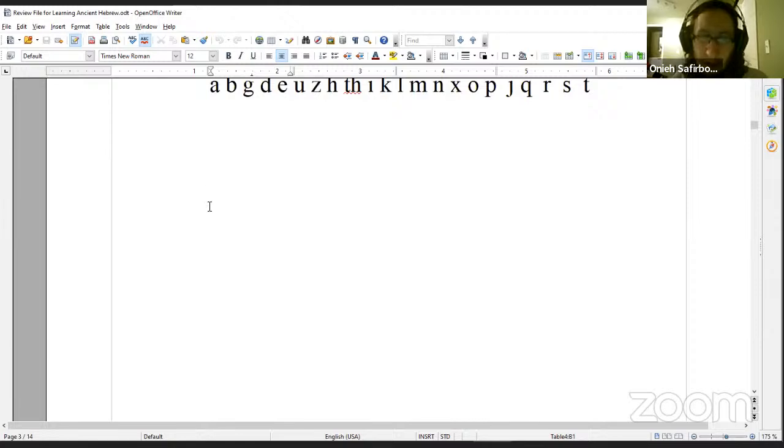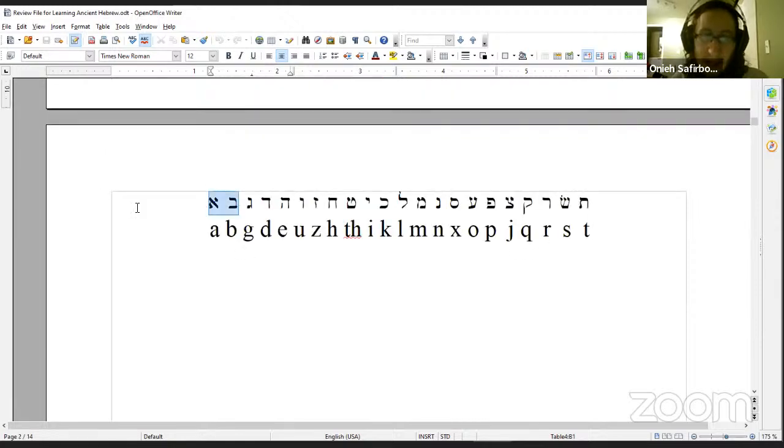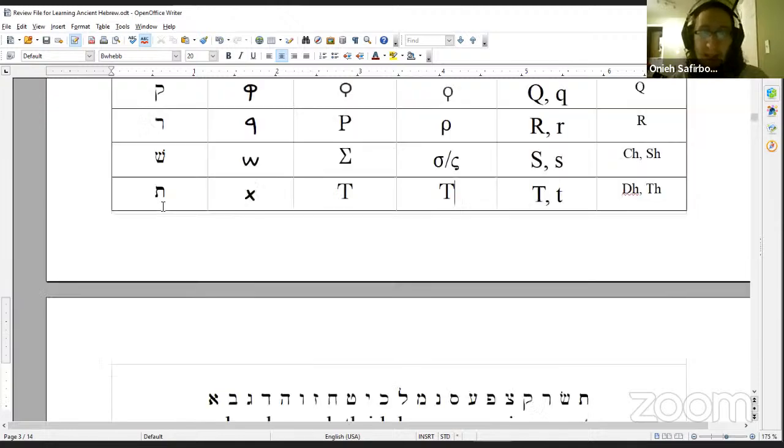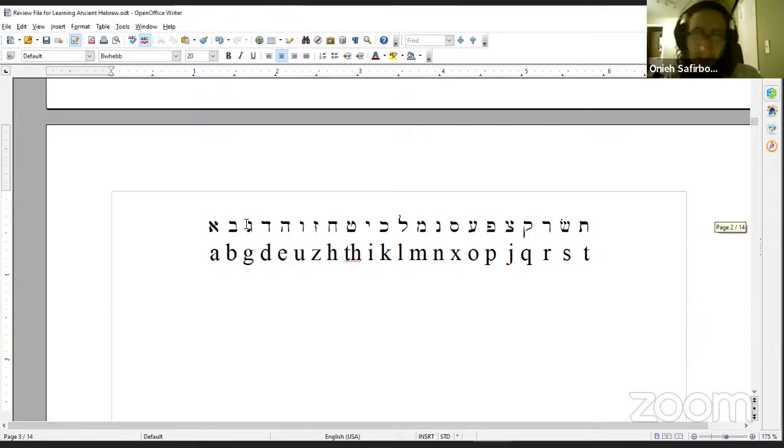The first 2 letters, we've got A and B, or Aleph and Bet, which correspond to the English letters A and B. They originate from the Hebrew letter Aleph and the Hebrew letter Bet through the Greek alphabet, whose first 2 letters are Alpha and Beta, clearly derived from the Hebrew names.